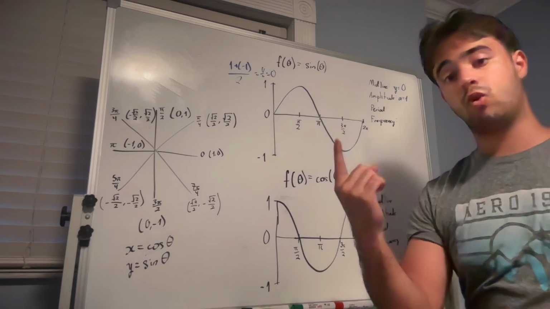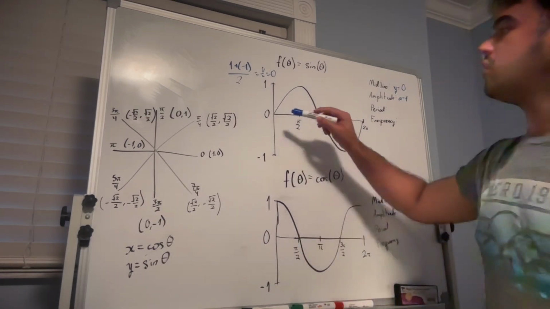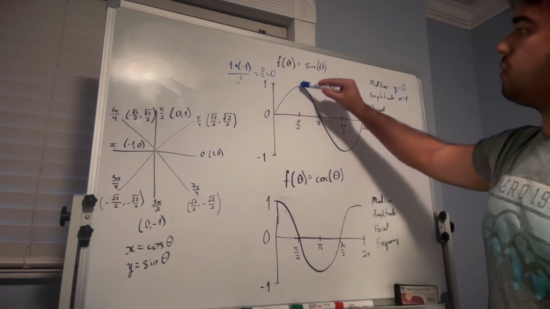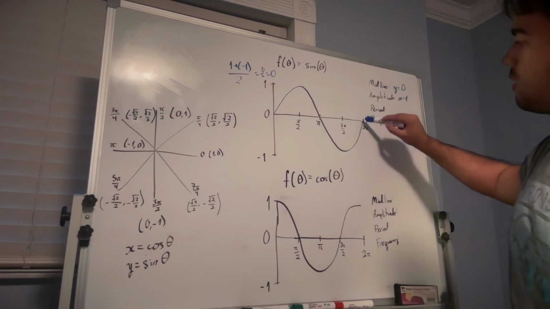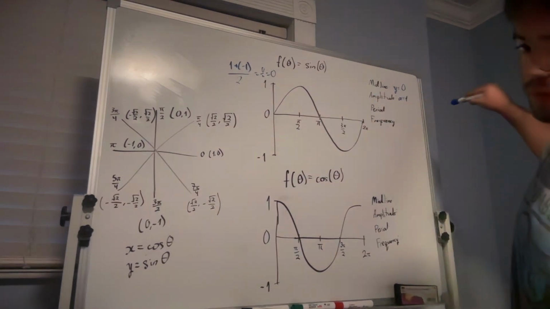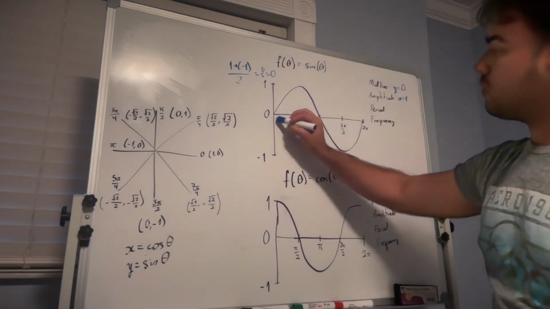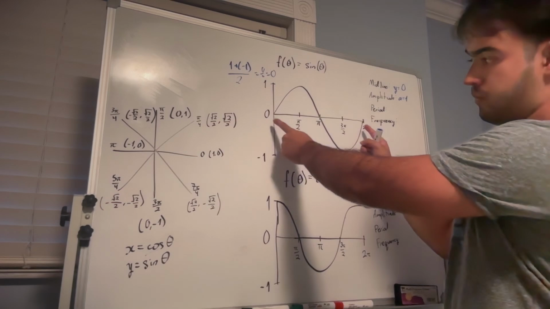How long is one of those patterns, or oscillations as they're called? We start at 0, we go up, and then we go down, then we go up again to 0. And we're going to continue going up, down, and up. So it took from 0 to 2 pi in order to complete this one pattern.